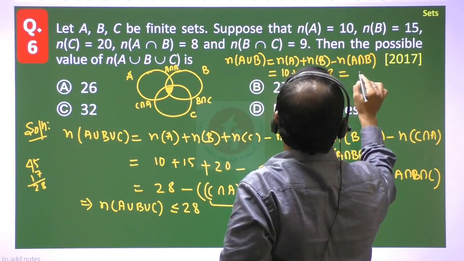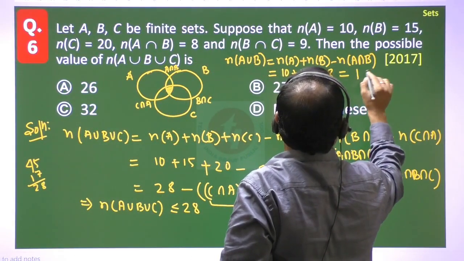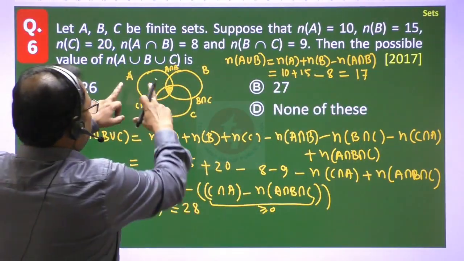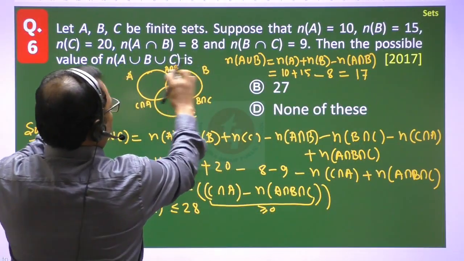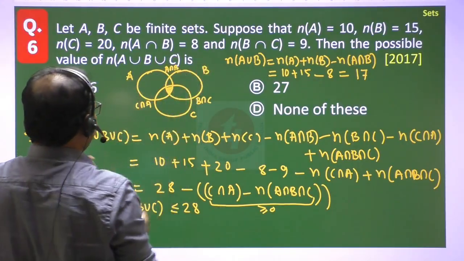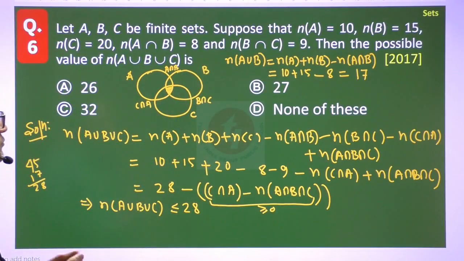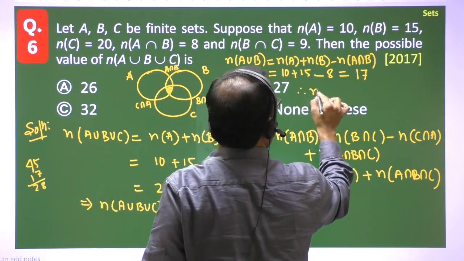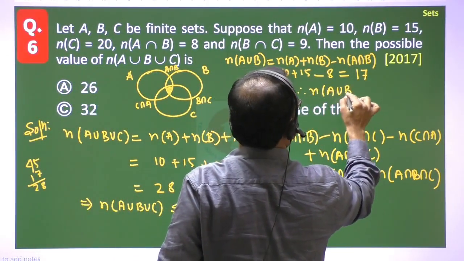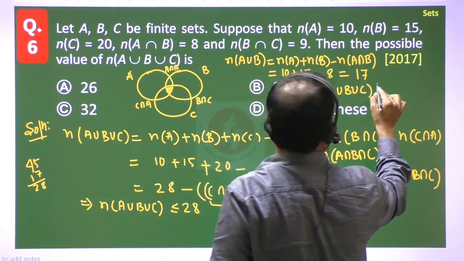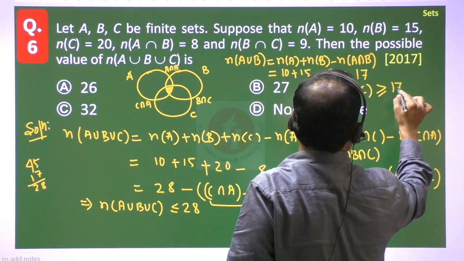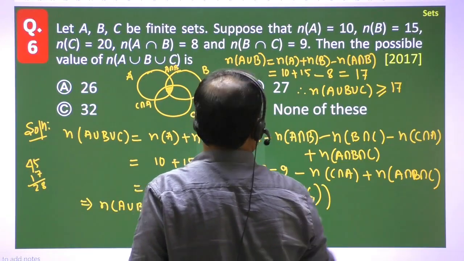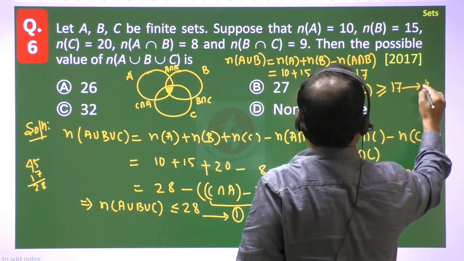So 25 minus 8 is 17. Now A union B must be a subset of A union B union C. Therefore we can also say that n of A union B union C must be greater than or equal to 17. So I call this result 1, and this result 2.